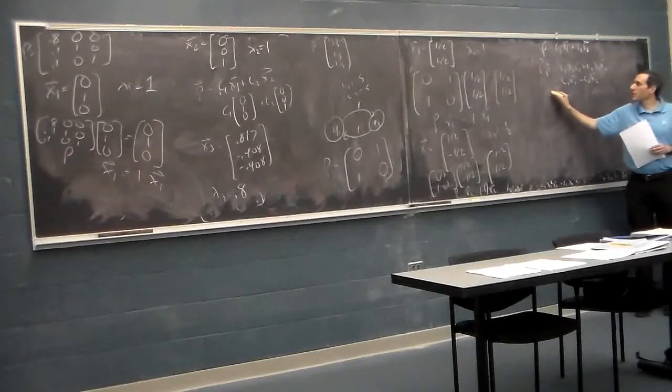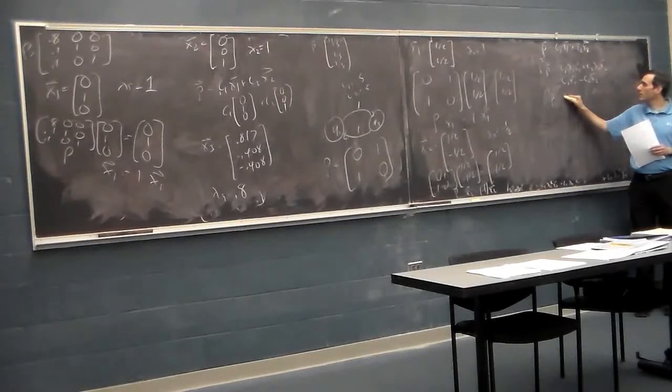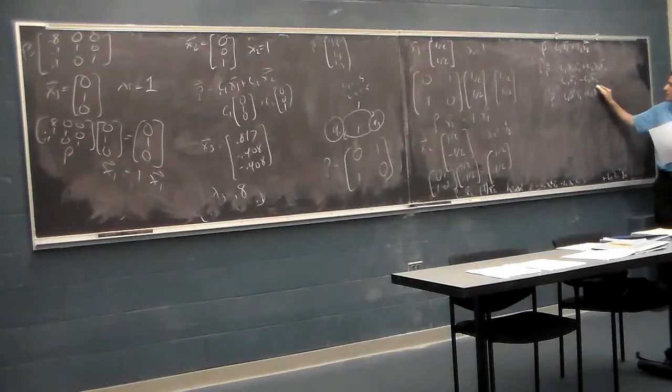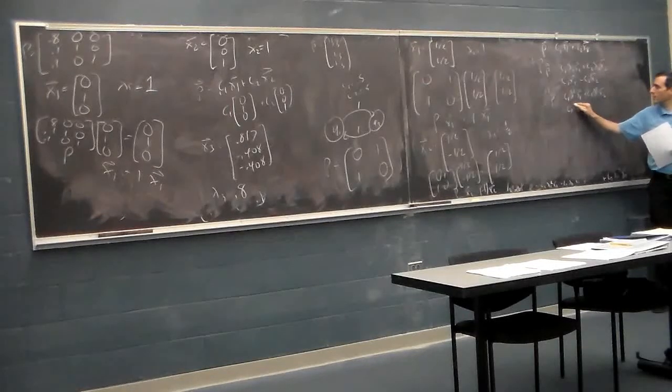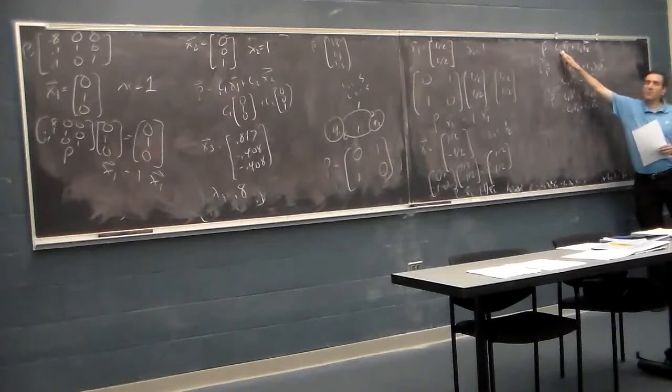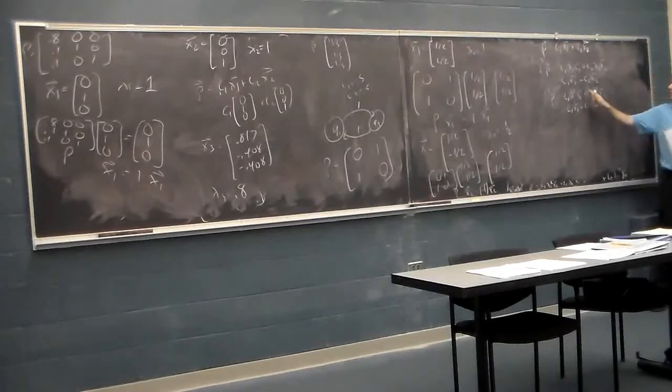And P squared times P will be C1 lambda squared x1 plus C2 lambda squared x2, which is going to be C1 x1 plus C2 x2. And effectively, we'll just keep bouncing back and forth between these states. We'll always have a coefficient C1 of the first term, but then we'll alternate the sign on the second term.